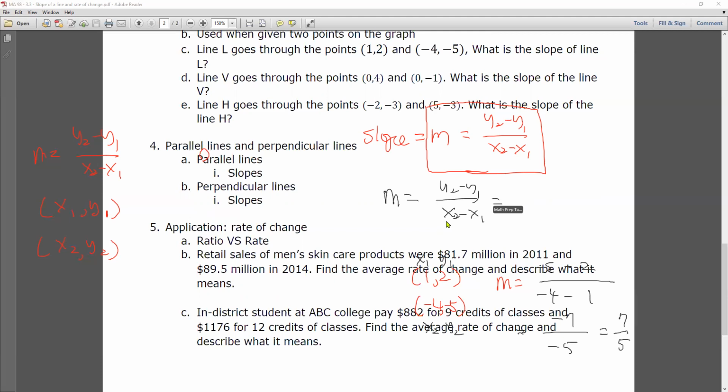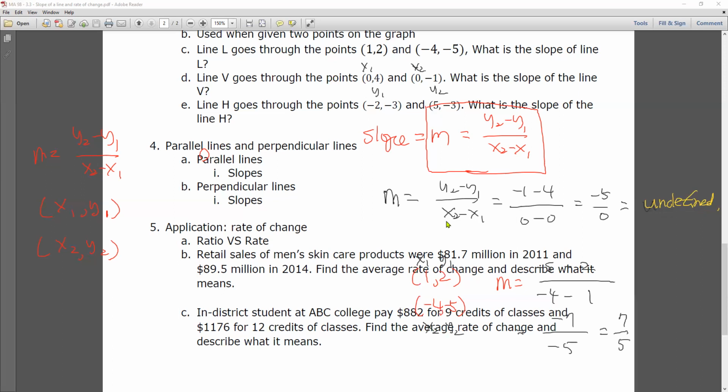I'm going to call these x1, x2, y1, y2. So I have -1 minus 4 over 0 minus 0, which is -5/0. Now remember, in test 1, we said anything divided by 0 is undefined. So this line right here has an undefined slope.